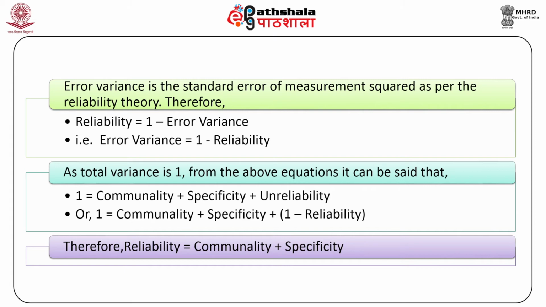As total variance is 1, from the above equations it can be said that 1 is equal to communality plus specificity plus unreliability, or 1 is equal to communality plus specificity plus 1 minus reliability. Therefore, reliability is equal to communality plus specificity.